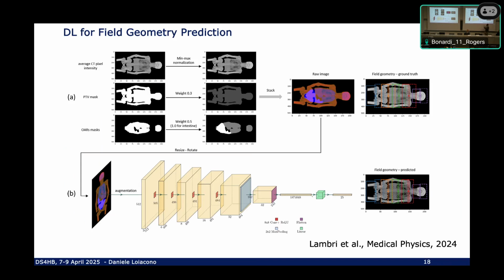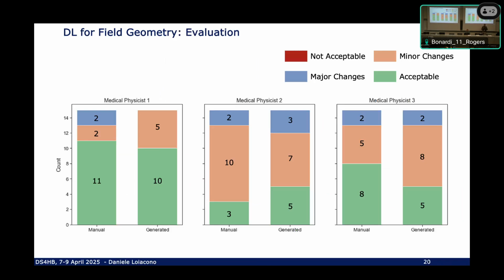And the result was the prediction from our model of the positioning of the isocenters, and so the field for the treatment. In order to evaluate the quality of the prediction of our model, we ran a user study with a blind test.